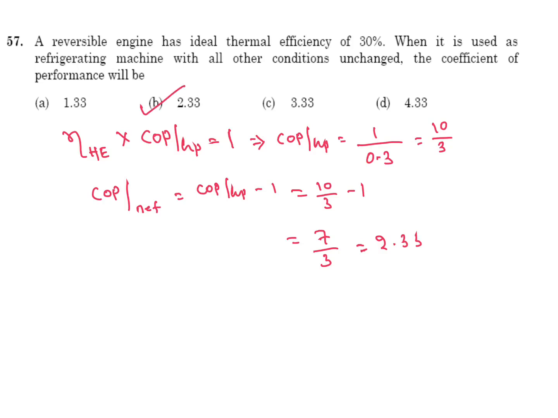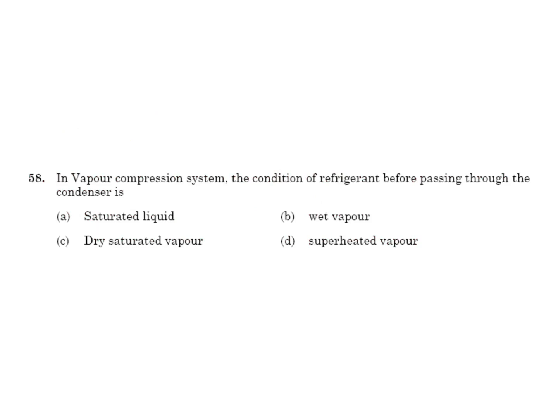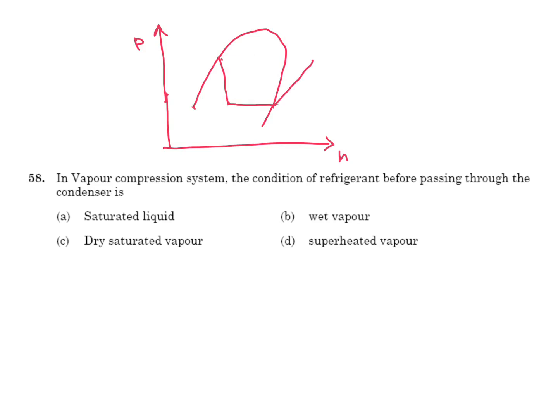In vapor compression system, the condition of refrigerant before passing through the condenser. If you follow the TS diagram, or the PS diagram also you can draw. 1 to 2 is compression, 2 to 3 condensation, 3 to 4 is your capillary, then 4 to 1 is evaporation.